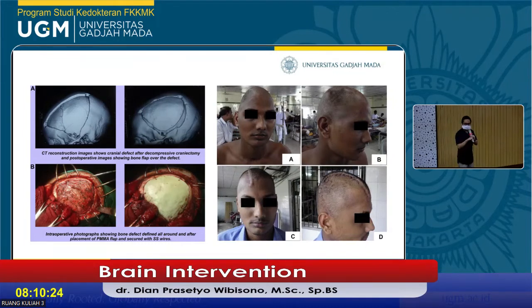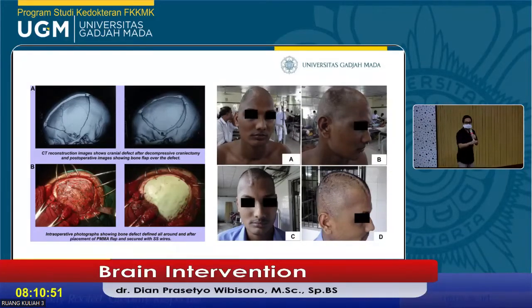Because the dura mater is a very tough structure that can protect the brain. And this one, the patient had cranioplasty, so it becomes normal again. This is an example of a patient who already had a craniectomy and then cranioplasty.